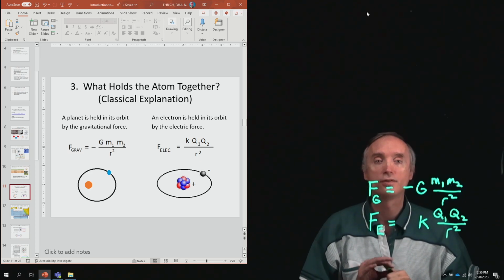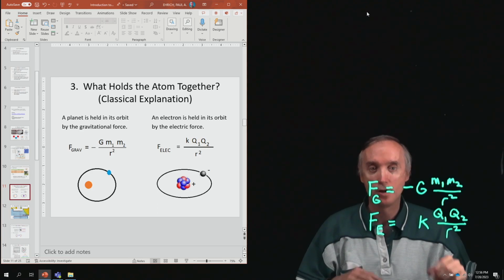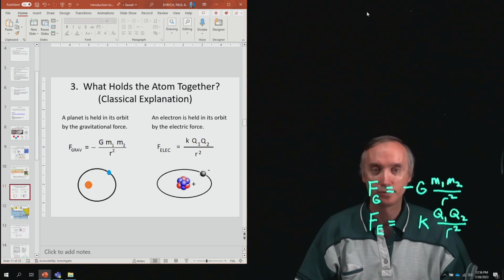So this time the Q stands for charge. And there are two kinds of charge, positive and negative charge.